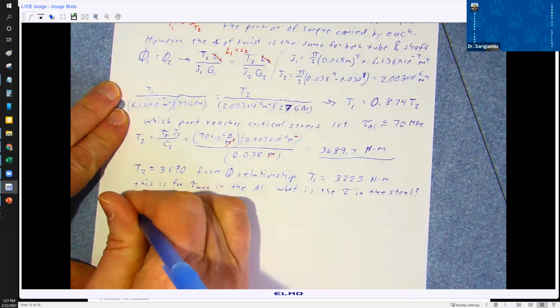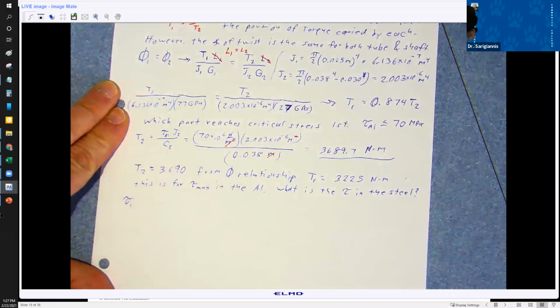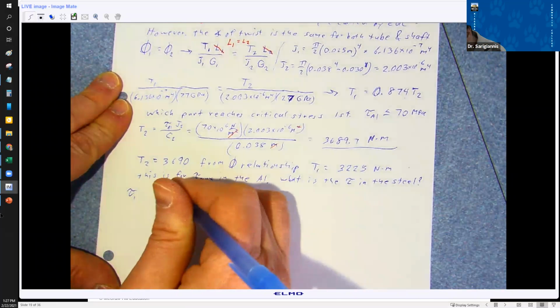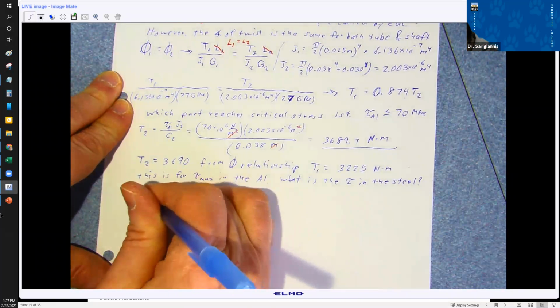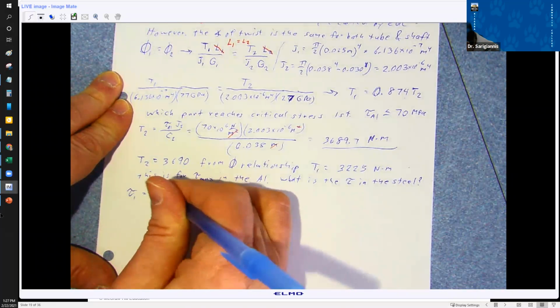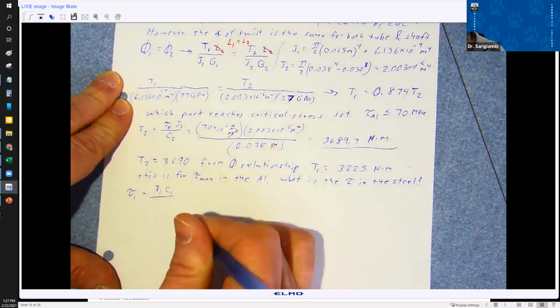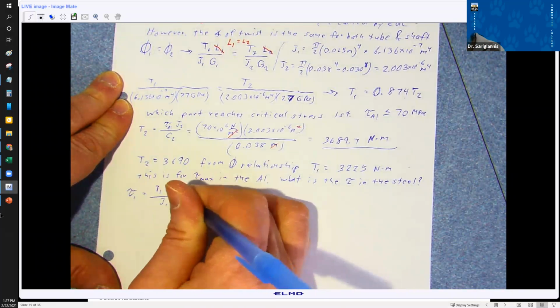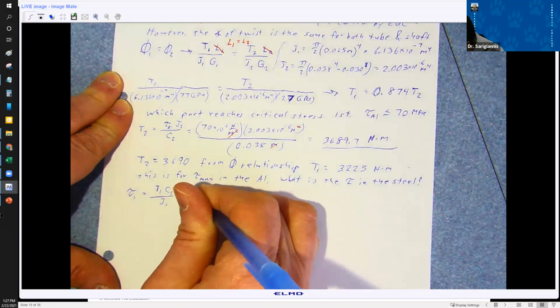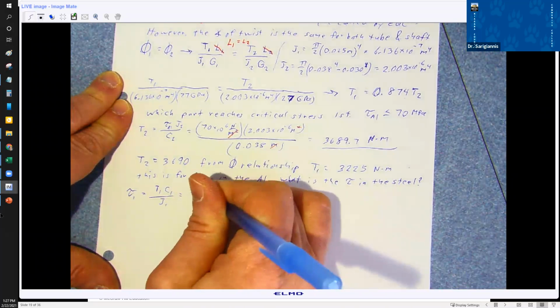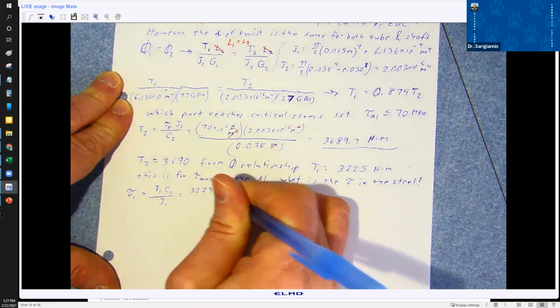So for the steel, the stress in the steel is just going to be the torque times the radius divided by the polar moment of inertia. And for this, we wind up with 3225 Newton meters.